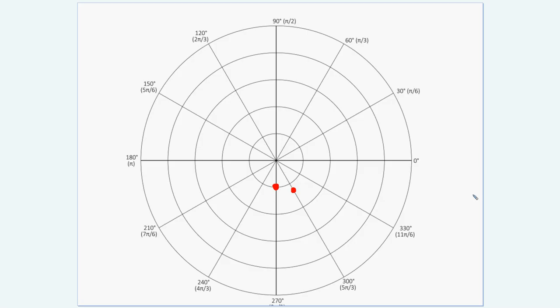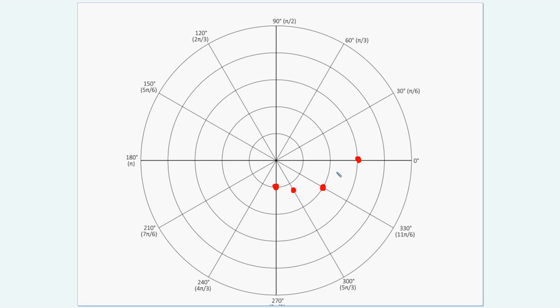And then, well, let's do all the points, and then we'll do the symmetric points across. At 11 pi over 6, it was positive 2. Here's 11 pi over 6. We'll go out positive 2. Next was 0, 3. So 0, 1, 2, 3 right there.